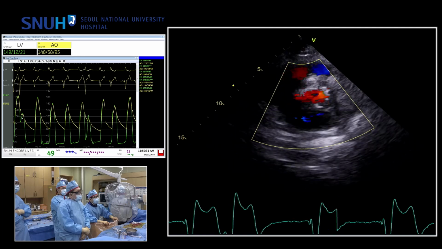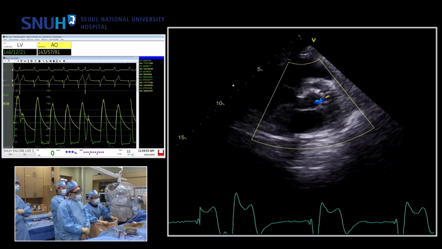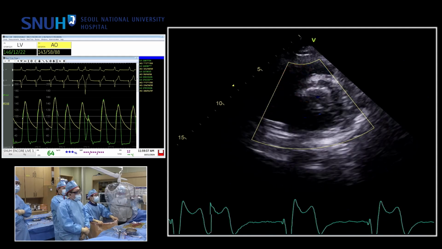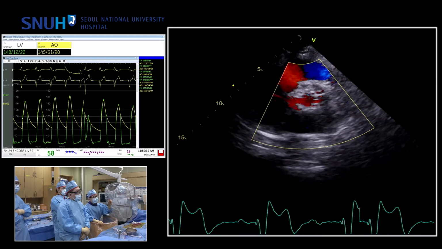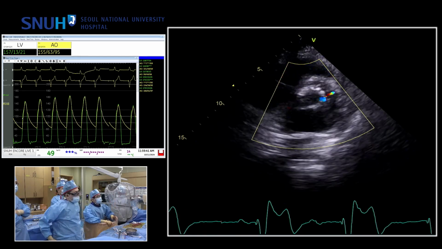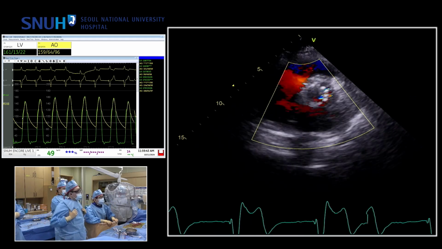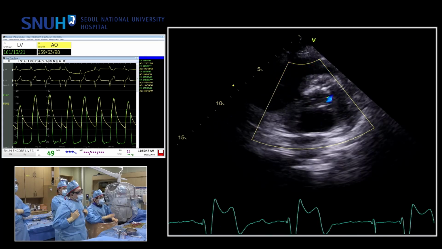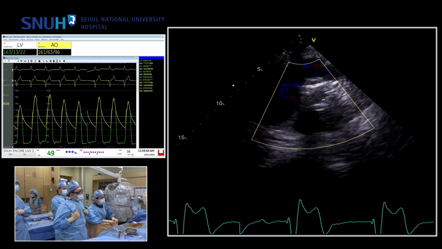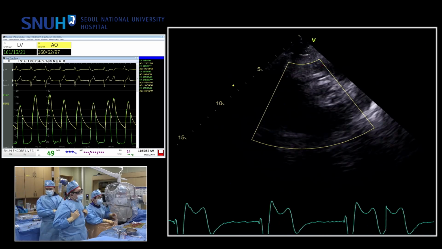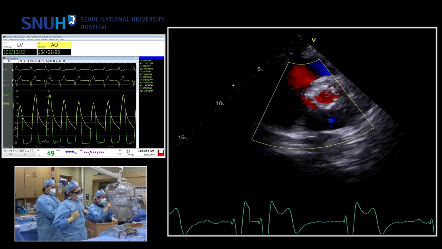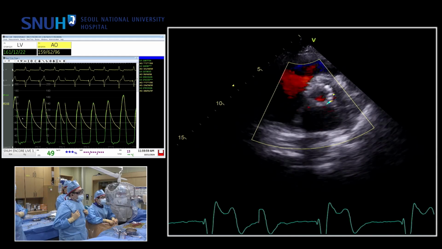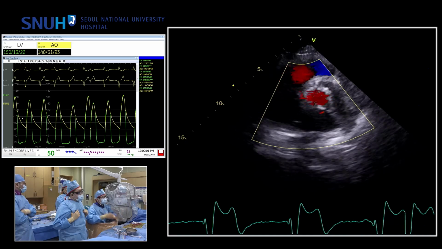Yes, trivial. I can trace that to the LV side, and there is a little probability that from that spot it continues to the LV ventricle, suggesting it is paravalvular leakage. Yeah. Thus, with TTE by an interventional cardiologist, we can exactly assess the post-TAVI status. No need for ICE, okay?